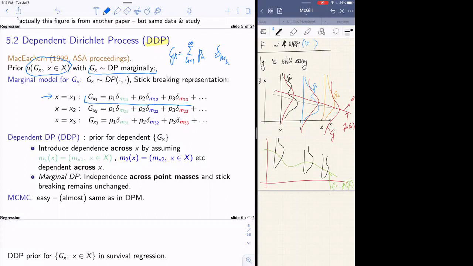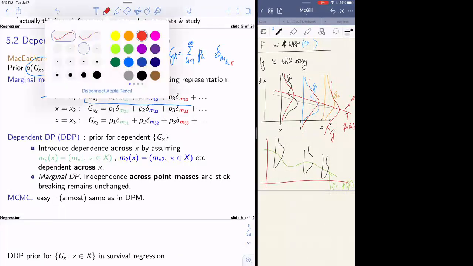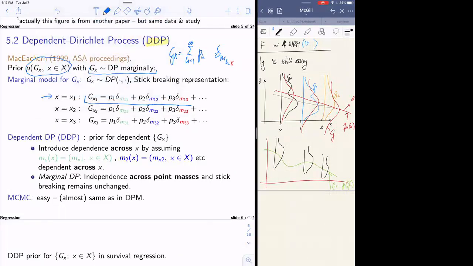And the only thing that we have to change now, since this is G sub x, let's add a second index here to allow for different locations for the different x's. And all I did now, I took this representation and spelled it out down there, like I expanded the sum.